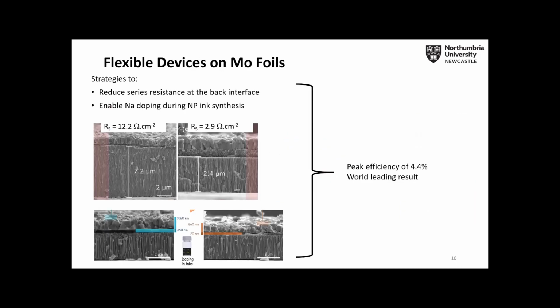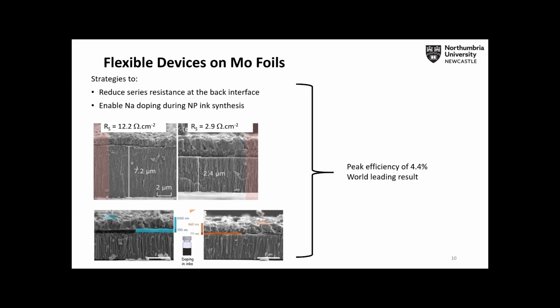And the final part of our work was on looking at alternative substrates, and we decided to use molybdenum foils for that. We've employed two strategies, and this is a really brief summary.